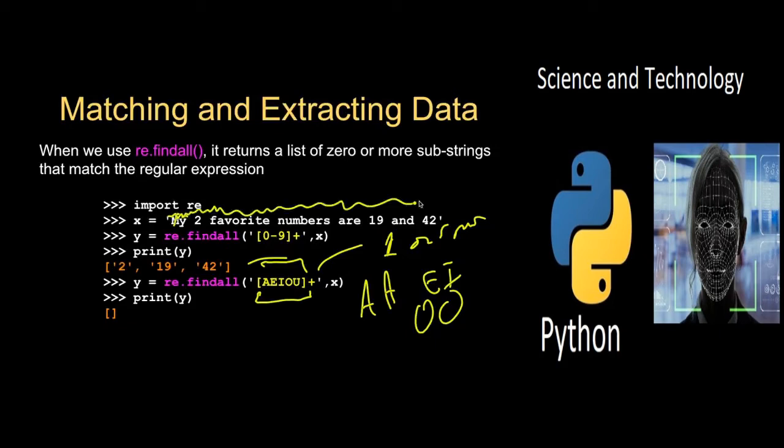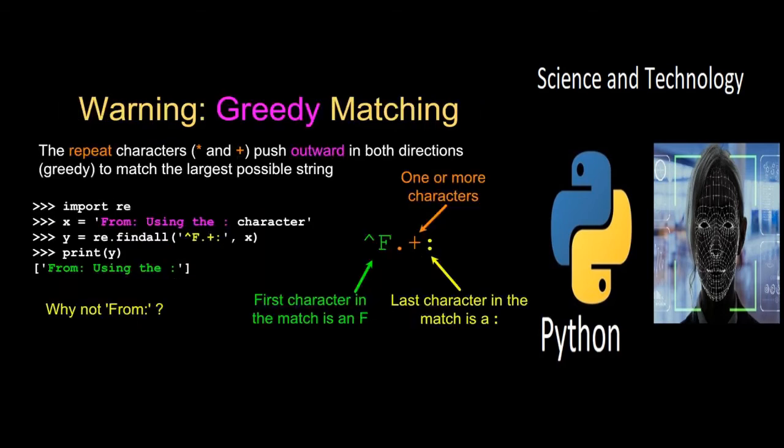It found nothing, and so it gives us back an empty list. Find all the things that match this, and the answer is none matched. Here's your list of nothing. And so you have to check, because it's not going to return false. It returns a list with no items in it.